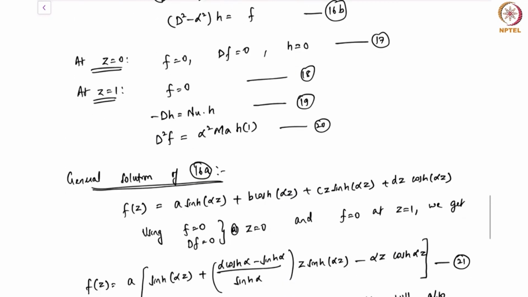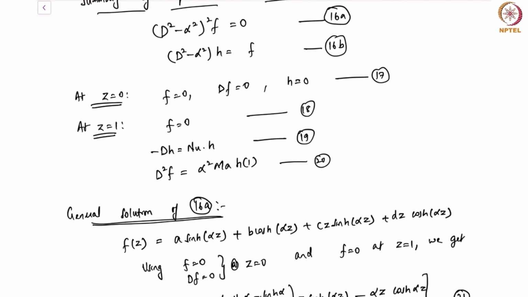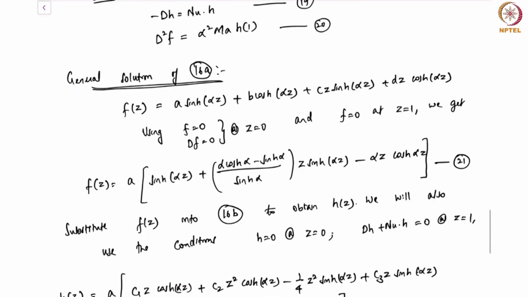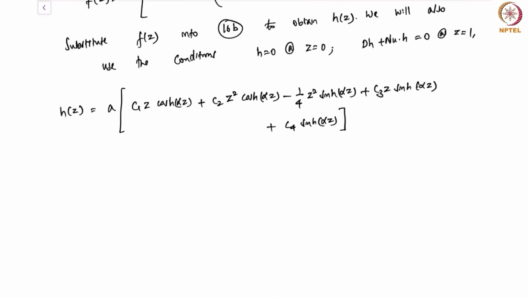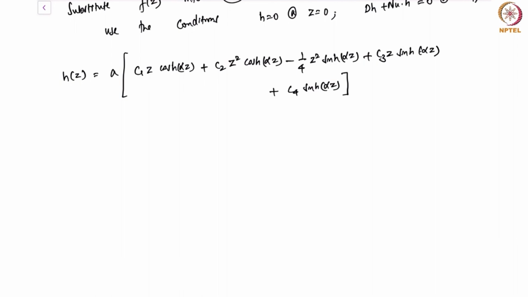And the equation for h is a bit more tedious, because now you have to solve an inhomogeneous differential equation for h, and we can use variation of parameters or method of undetermined coefficients to evaluate this expression. It's a bit tedious, but it is still possible. Now this expression for h involves 4 constants.